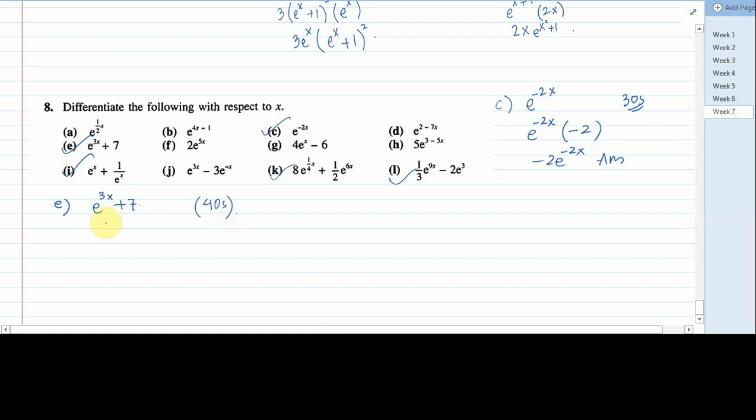All right, so it will be very simple. The derivative of e to the power 3x is e to the power 3x, and then the derivative of the power will be 3, so that is your answer.